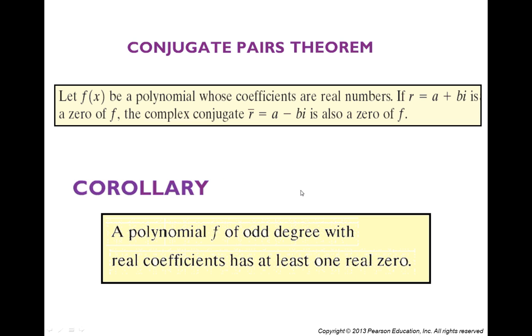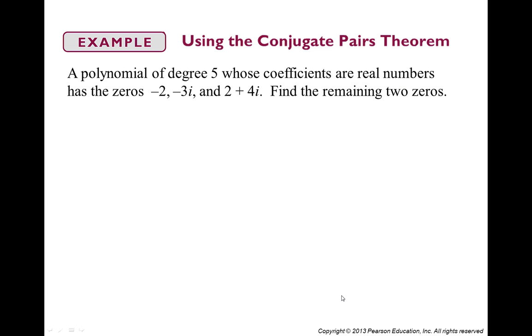The corollary: a polynomial f of odd degree with real coefficients has at least one real zero. So if you have an odd degree and real coefficients, then you have at least one real zero. There's at least one place you cross the x-axis. Tons of stuff. So let's look at how that applies.